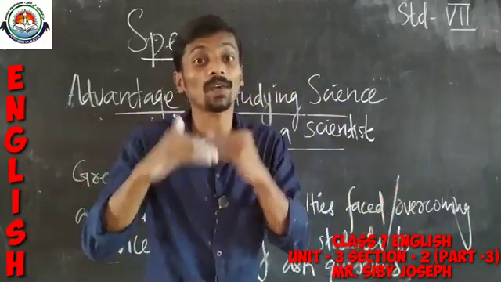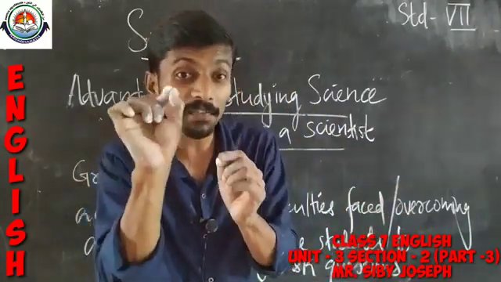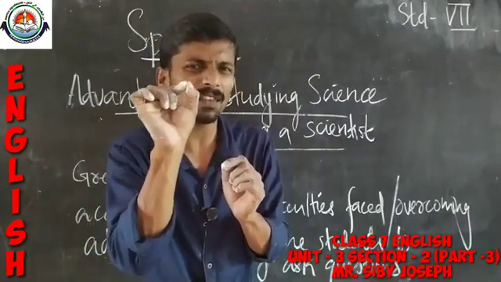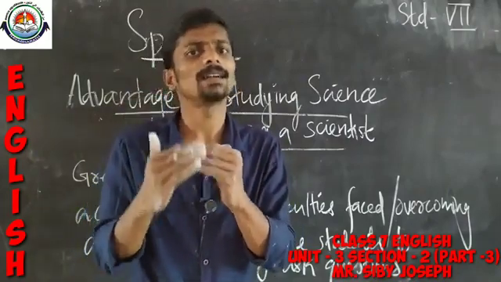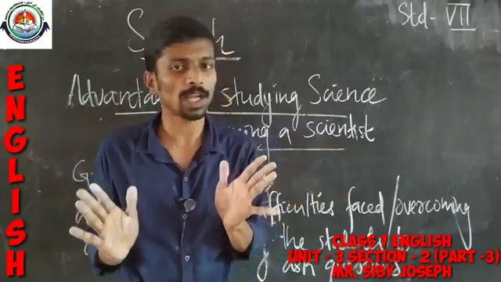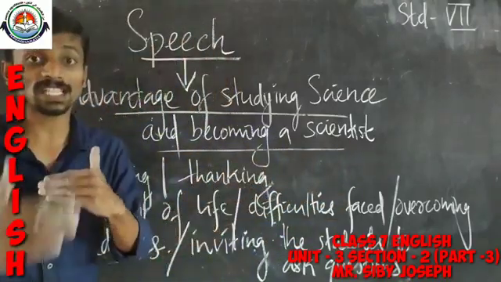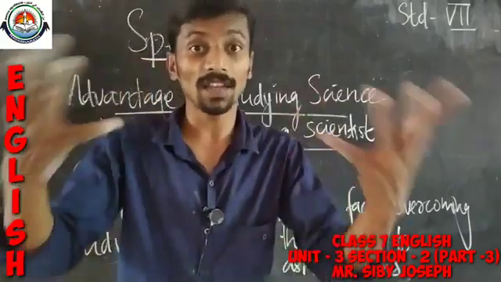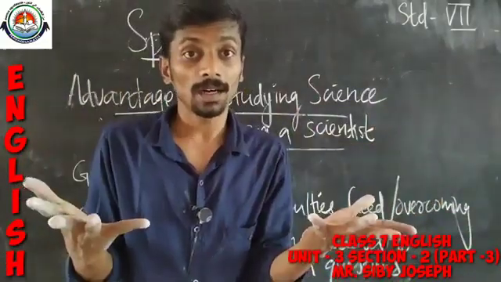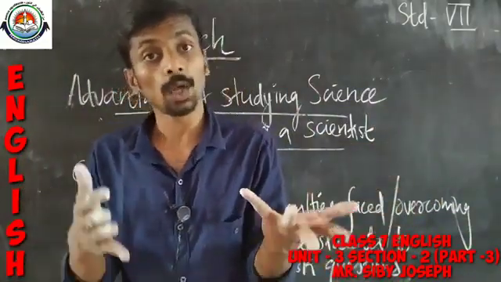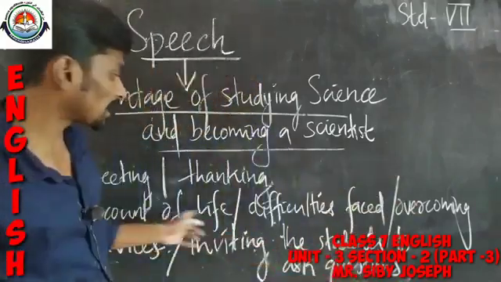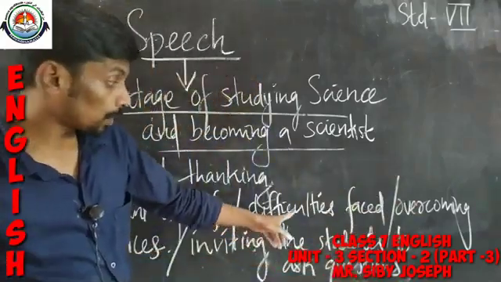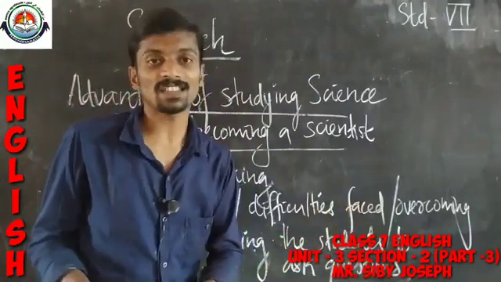So, you have to provide a brief life span of Miss Anuradha TK. You have to explain what your life is, what kind of difficulties you came across, something like that. And after that you have to speak about the difficulties faced.